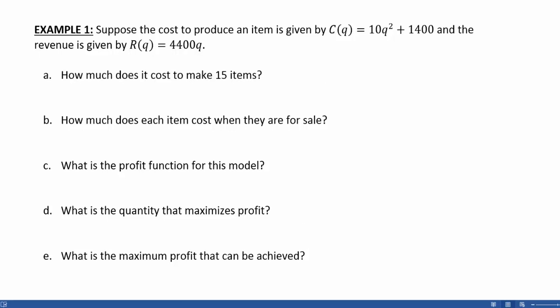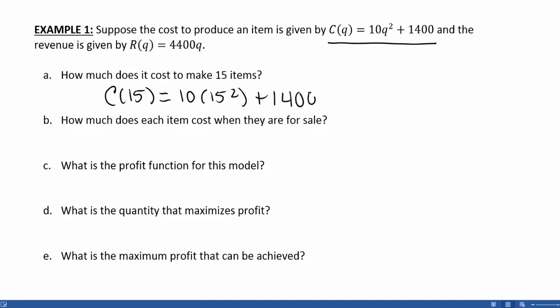So part A, how much does it cost to make 15 items? So that means we want to know what it's going to cost us to produce 15 of whatever it is that we're making. So that means that we're plugging 15 into our cost function. So wherever we see a Q, we're substituting in a 15.